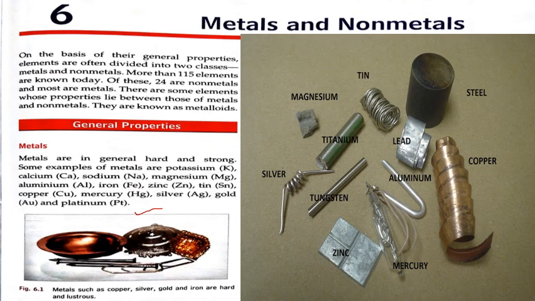You can see their images also on the right side. Here you can see steel, copper, aluminium, mercury, zinc, tungsten, silver, magnesium, titanium and tin. You can see that all of them are hard and strong.